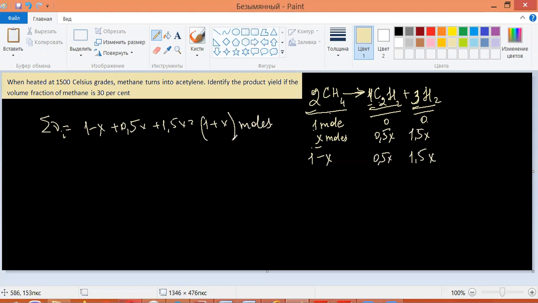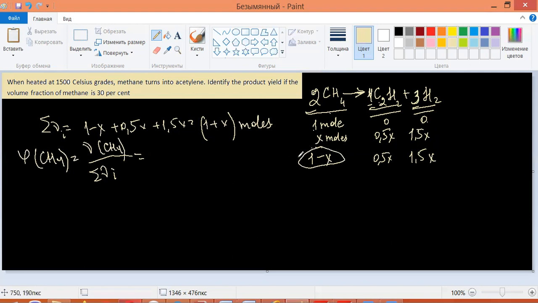We also know that the volume fraction of methane is 30%. This is the symbol we normally use for volume fractions of a gas component. It equals the amount of methane to the total amount of all components making up the gas mixture.